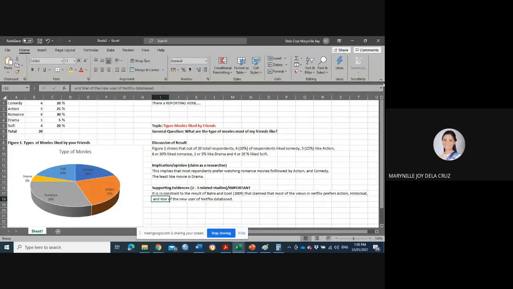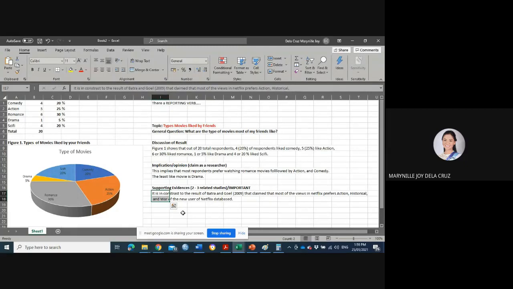Okay. Can you see the answer? Yes, ma'am. Okay. This is just one example of supporting evidence. Even though the supporting evidence is contradictory to the result of this figure, it is okay because not all the time they have the same answer.